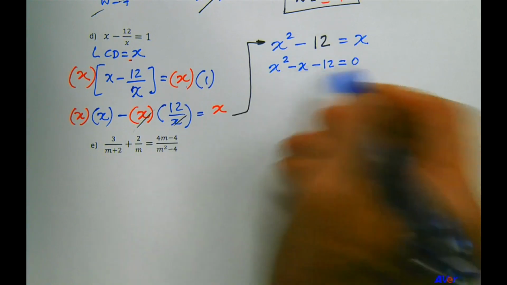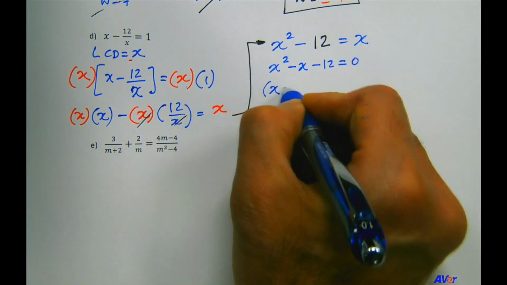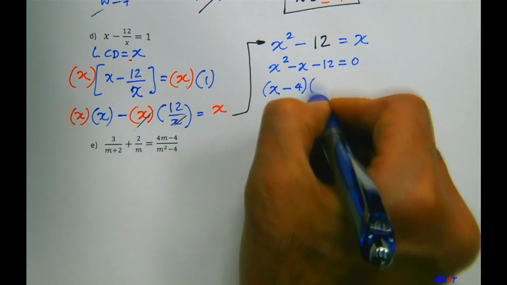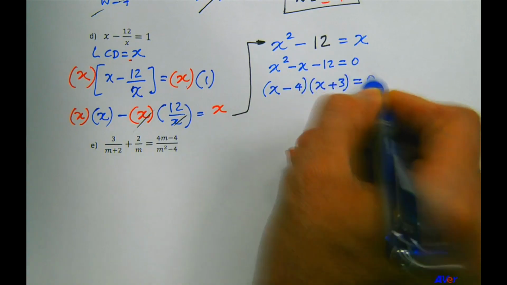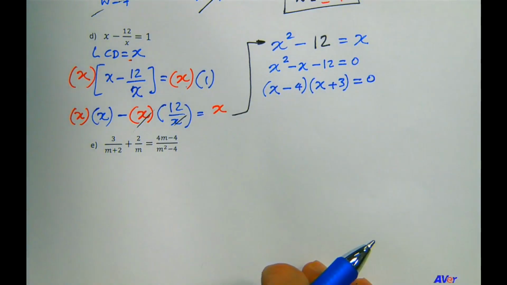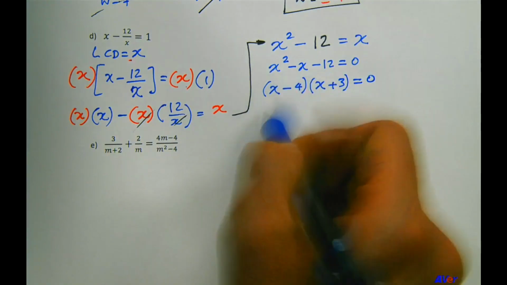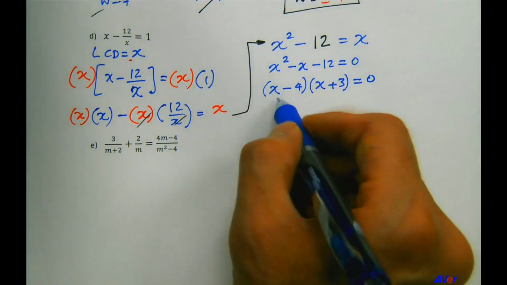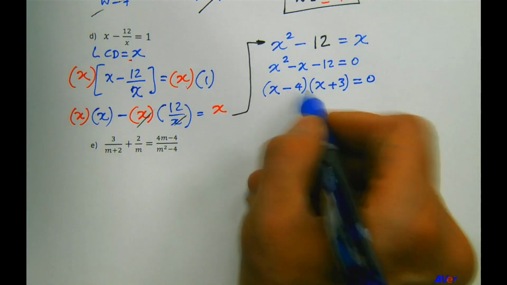These are easy numbers to work with. So the factorization is X minus 4 times X plus 3 equals 0. Okay? So if you FOIL this, you get that back. All right.